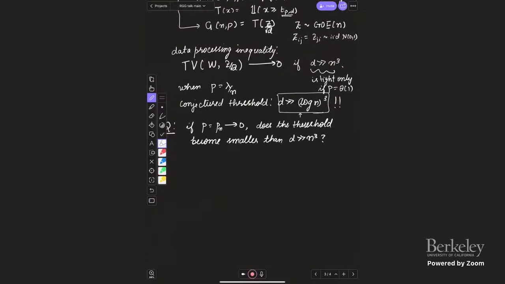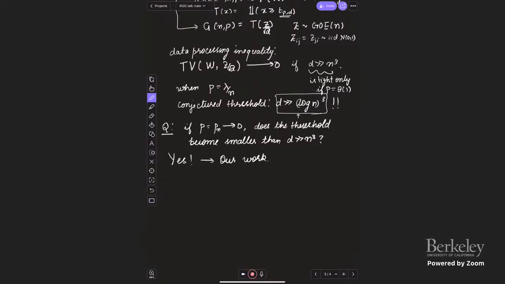In our work we answered this in the positive. Okay. In fact, we state the following main theorem.